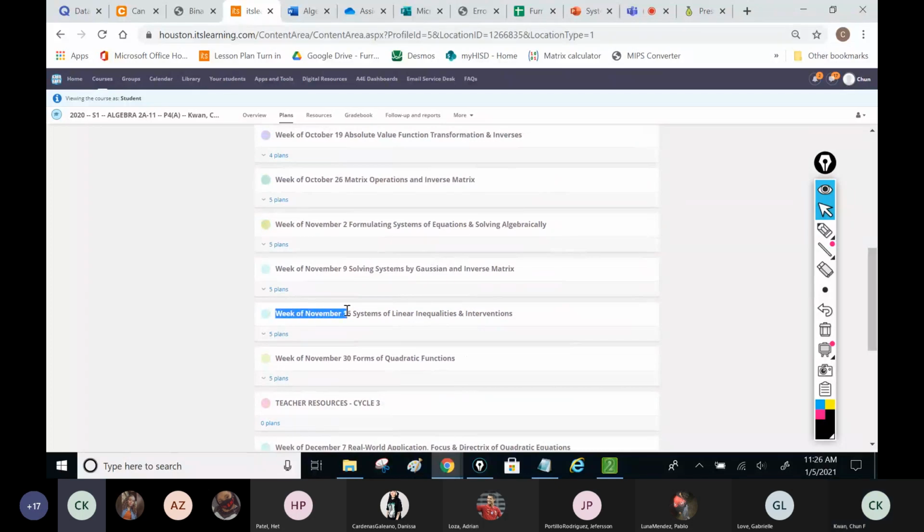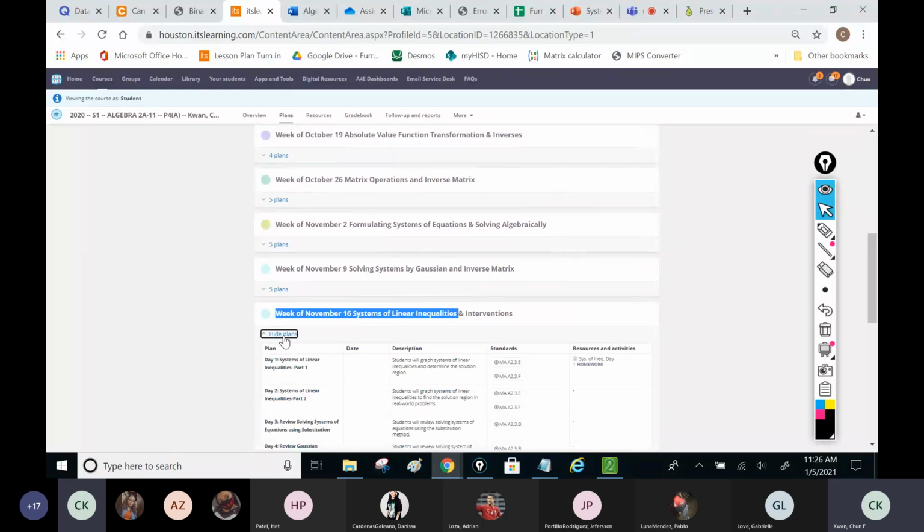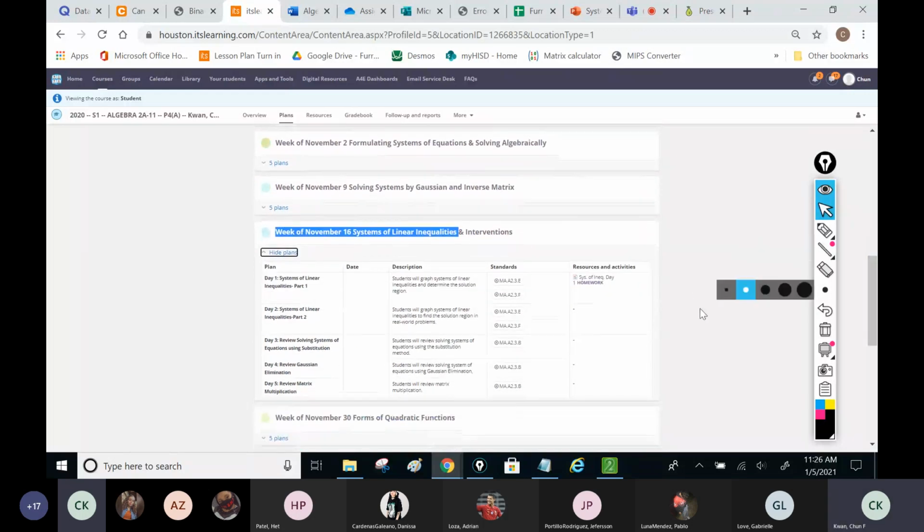So right here, week of November 16th, systems of linear inequalities. I know the date is a little off, but don't worry about the date. We only care about the topics. So go to systems of inequalities, day 1.